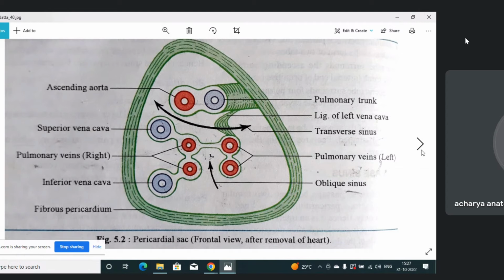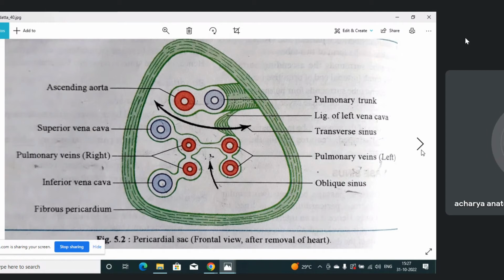Transverse sinus boundaries. Anteriorly, pulmonary trunk and ascending aorta.